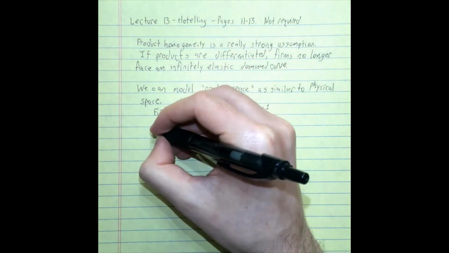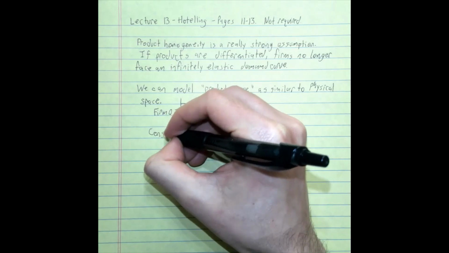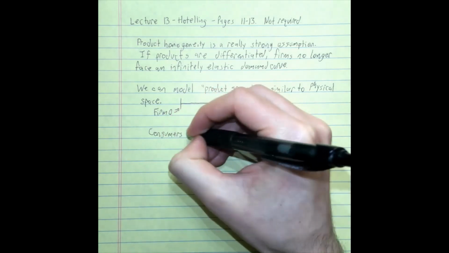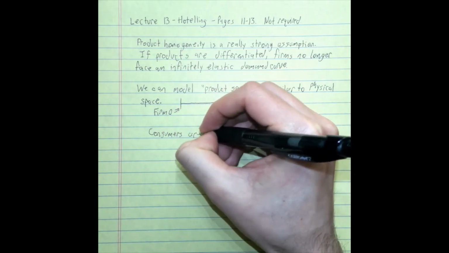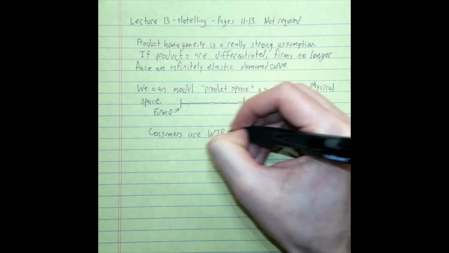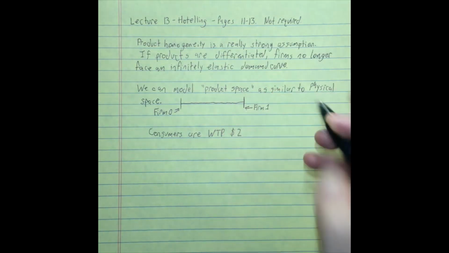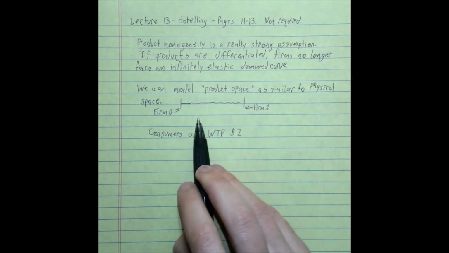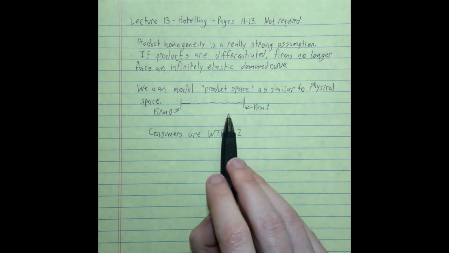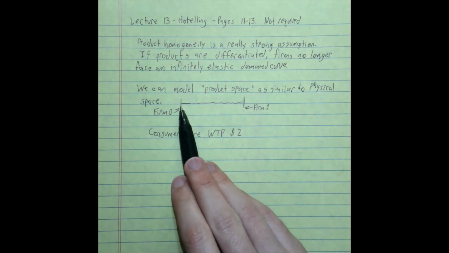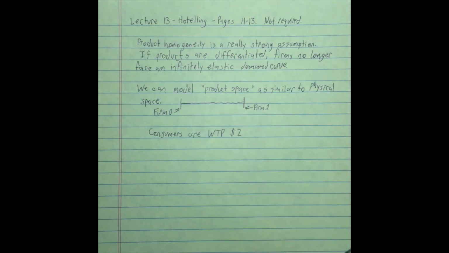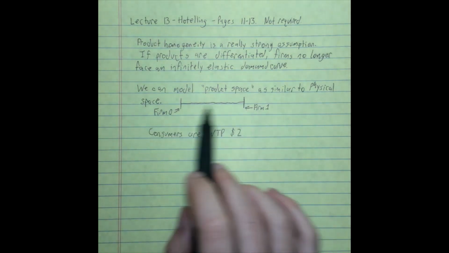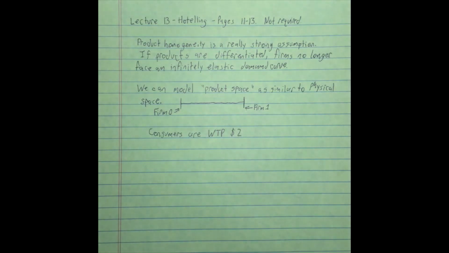I'm just going to keep calling this chicken, and consumers are willing to pay $2 for that product. Like if they were at the store, they would pay $2, for each one, right? So if they're here, they're willing to pay 2. If they're here, they're willing to pay 2. And otherwise, products are homogeneous. So the location of the stores is the only way that these products are differentiated.